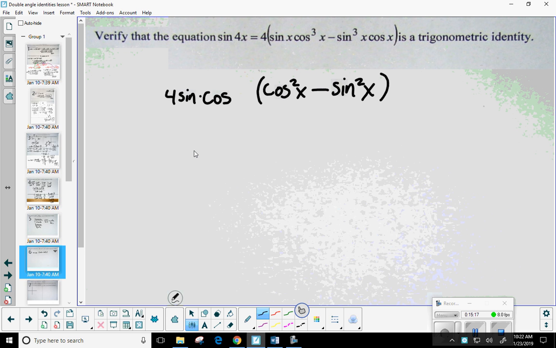Then, starting with this, it's cosine squared minus sine squared. Yes. Well, I need my paper.